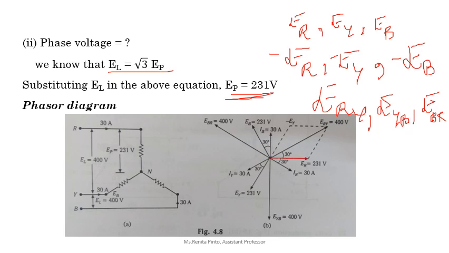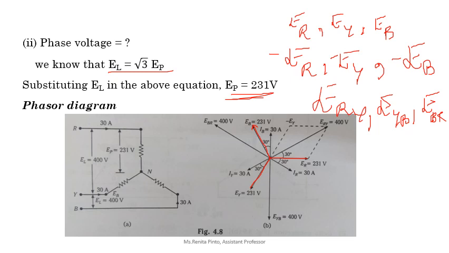First you can draw this ER, EY and EB. So you already know that all these phase voltages ER, EY and EB will be 120 degree away from each other.